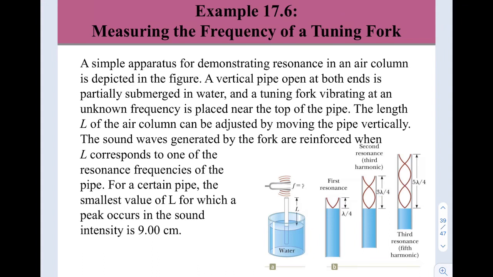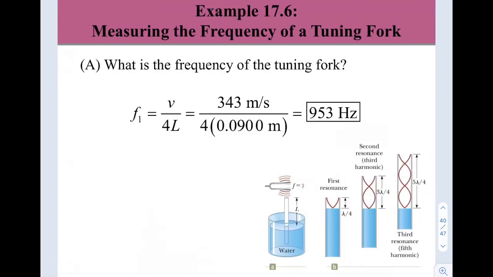For the second resonance, or third harmonic, you have 3 lambda over 4 equivalent to the total length. And for the third resonance, or fifth harmonic, we have the total length equivalent to 5 lambda over 4.